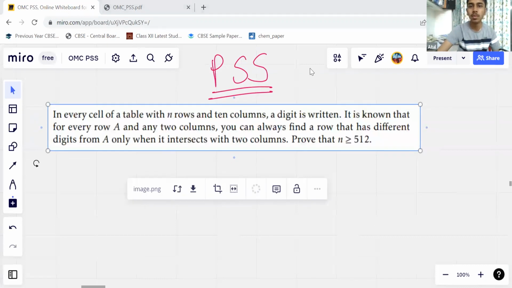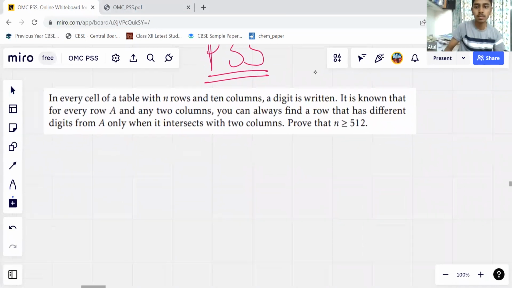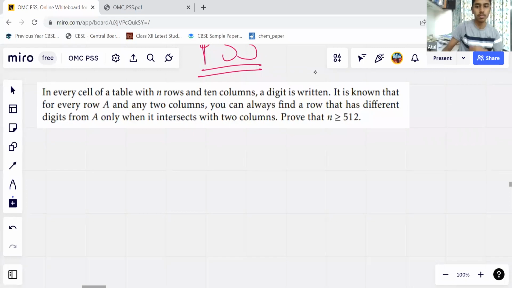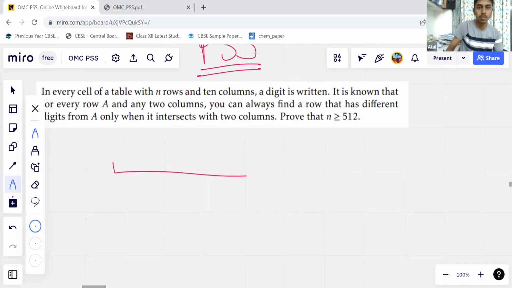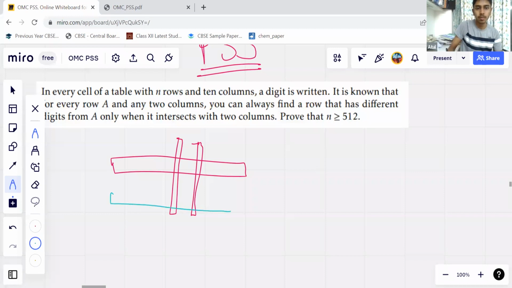So for every row, you can pick any row, and for every pair of 2 columns there exists some other row that has whatever is here.